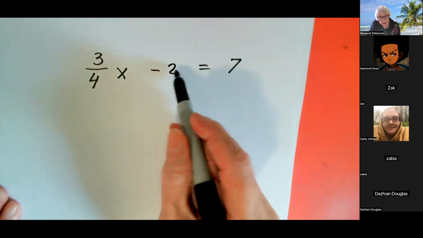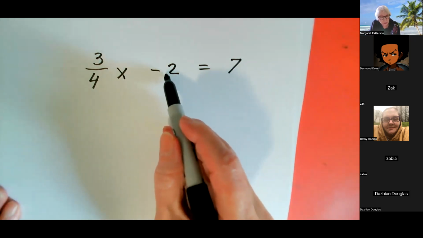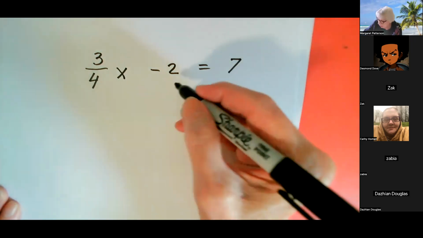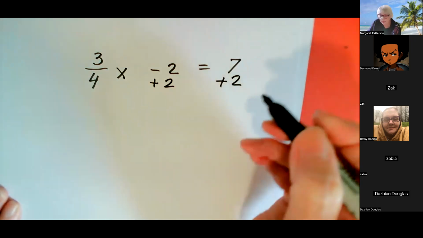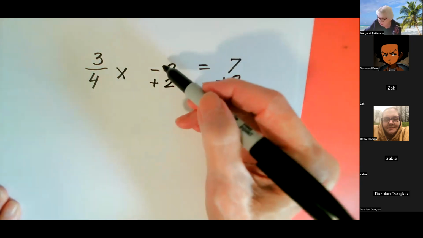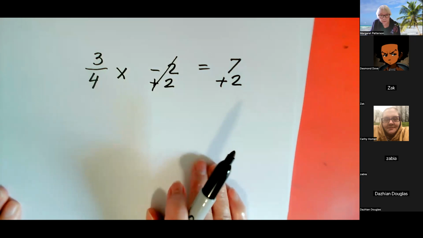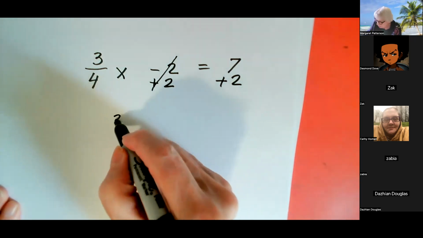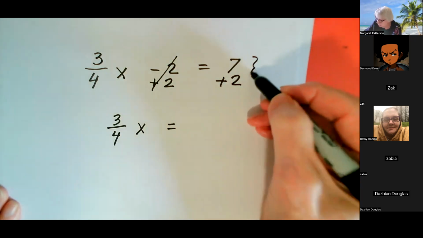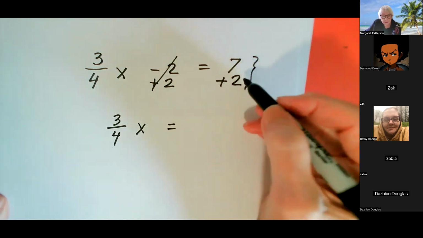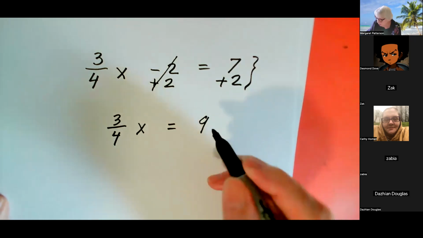I'm going to get rid of this number that's subtracted from the x. And so I would add 2 to get rid of that and add 2 to get rid of that, or to be the same. That goes to 0. So what's left is 3/4 x. And over here, I have plain ordinary 7 plus 2 is 9.